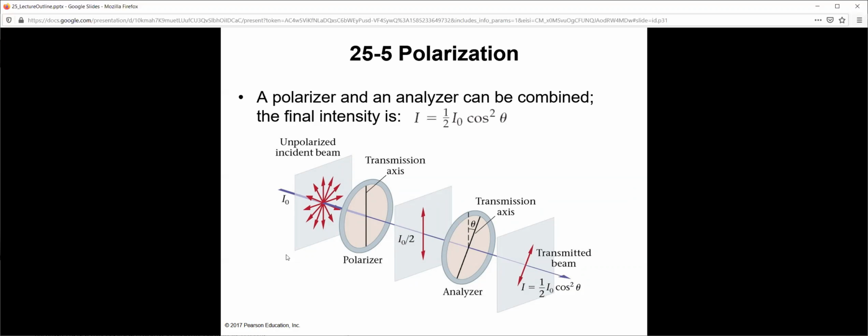If you have a beam coming in with an intensity that's not what you want, you can use polarizing lenses at certain angles to give you a beam that you exactly want.